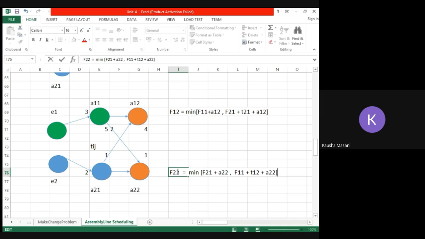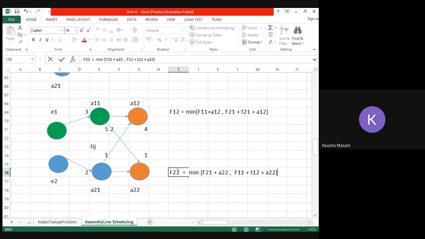Got it? Why T12? Because 1 represents the line, the first line from where we are coming. 2 represents the line where we are going. So T12. We want to calculate this station.